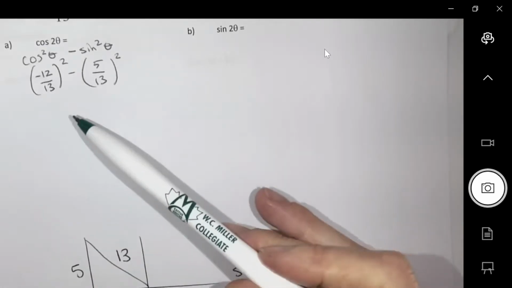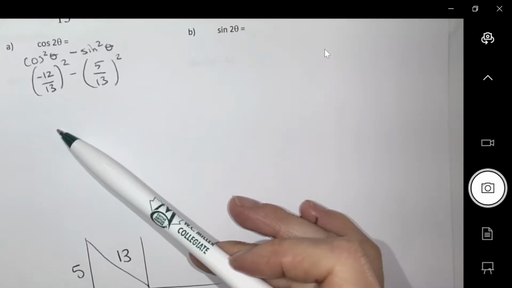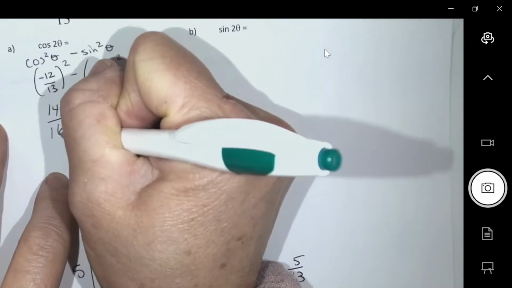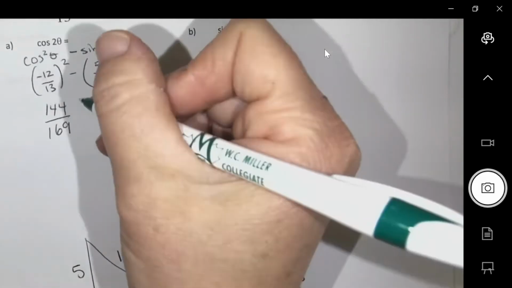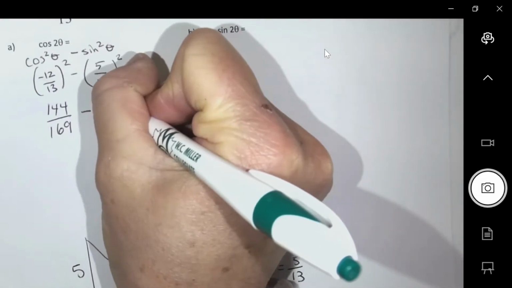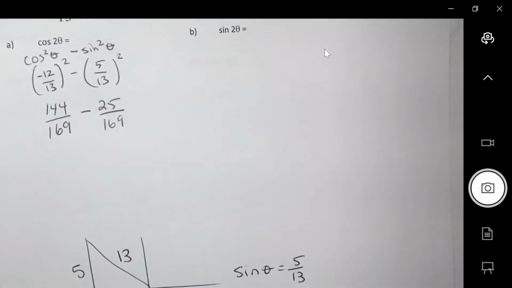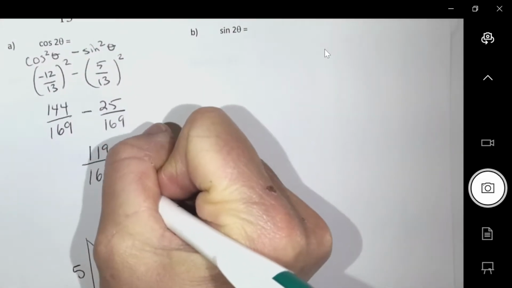Okay, what happens to this, positive or negative? Positive 144 over 169 minus 25 over 169, which ends up being, what is that on the top? 119 over 169.